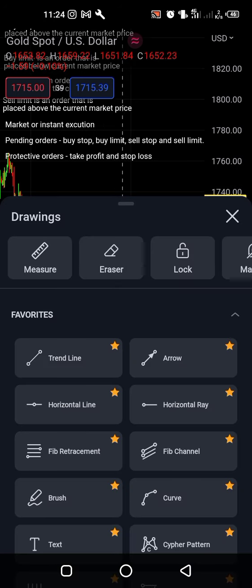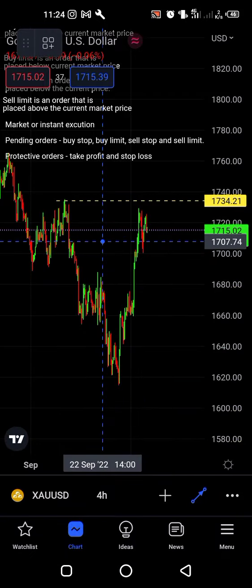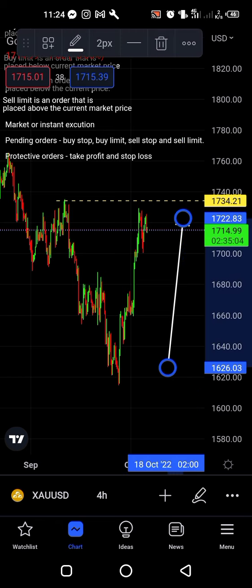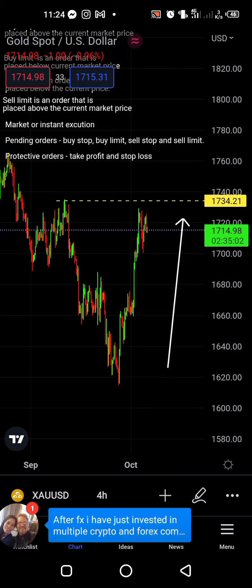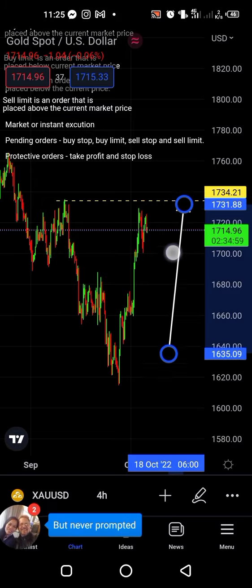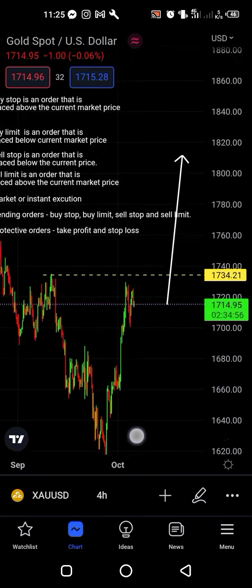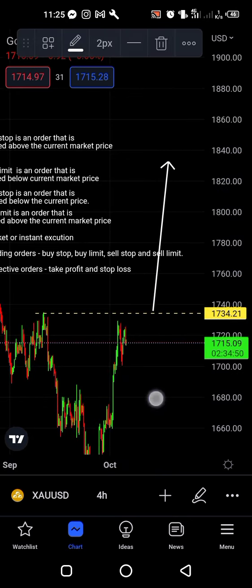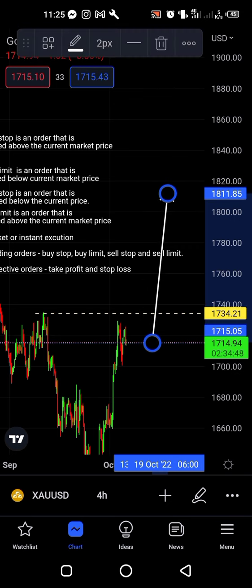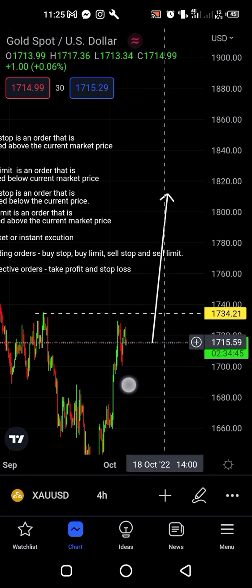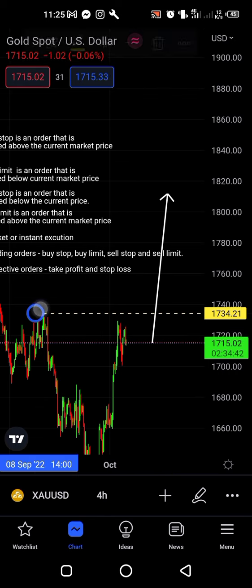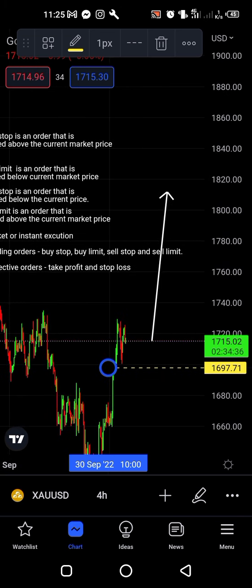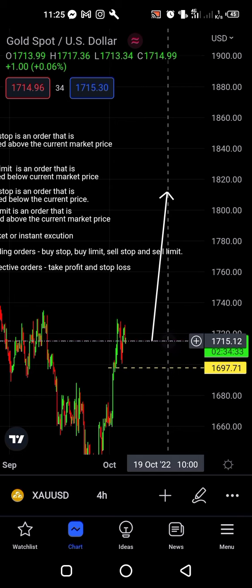So if you're buying, for example, that means you predict market is going to go up, and this is the current market price. Now your stop loss will be below the current market price, or below where you're buying. So if you bought here, for example, your stop loss has to be below.